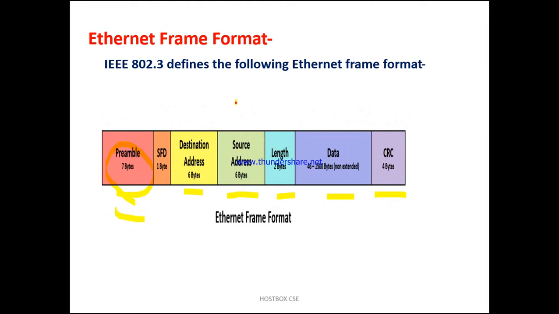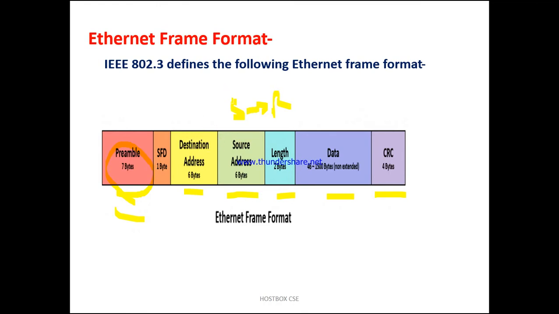And remember, whenever the sender wants to send data to the receiver, what will happen? It needs the source MAC address as well as the destination MAC address. Suppose, unfortunately, the source doesn't know the destination address, what will happen? It needs the support of ARP.